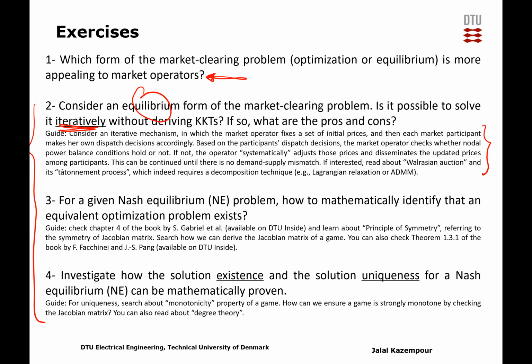Here I added some guide, some explanations, and I have some keywords like Tatonnement process and Walrasian auction. Maybe you can Google these keywords for tomorrow, and maybe you can explain tomorrow what these keywords are and how we can solve a competitive equilibrium problem iteratively without deriving KKTs.